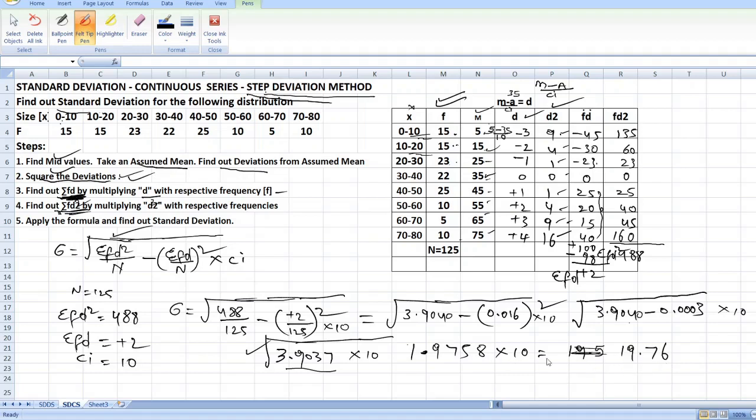Why have I taken 76? Because this digit is more than 5, so I have converted it to 6. So this is the standard deviation, symbol sigma.